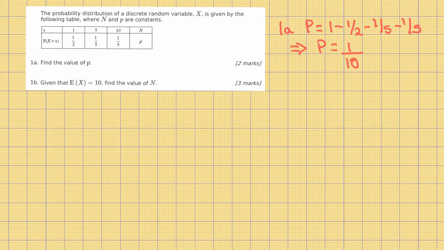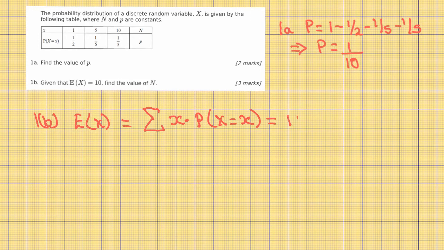Part B. Given that the expected value of x is equal to 10, find the value of n. We start with our formula. We know that the expected value of x is equal to the sum of x times P of X equals x. And in this case, we know that it's equal to 10.